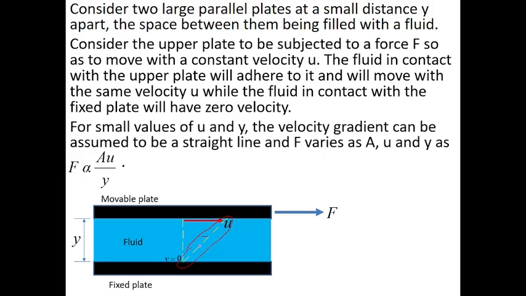Ito siya. It is assumed to be a straight line. And F varies as A, U, and Y, as F proportional to A, U over Y.